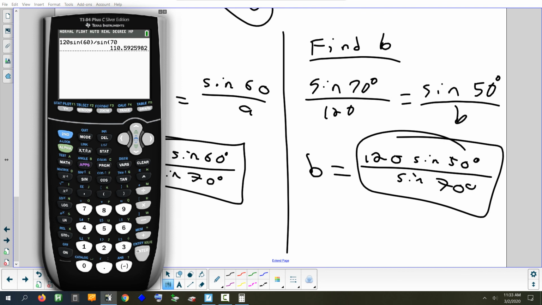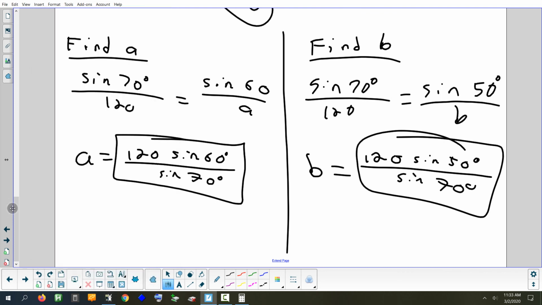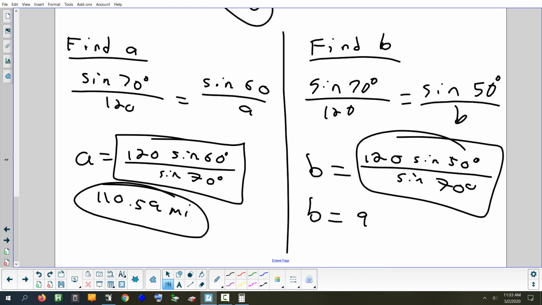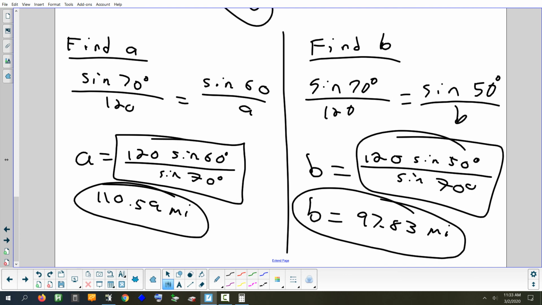So that's 110.59 miles. And what does B come out to? 97.8.